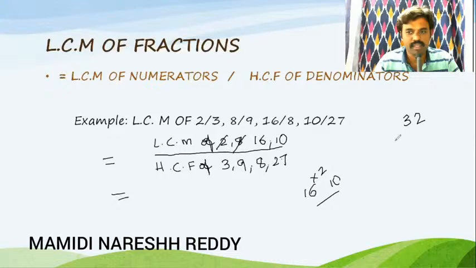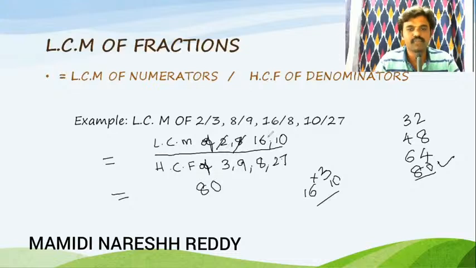Let us take 3: 16 threes are 48. 48 is not a multiple of 10. And 16 fours are 64. It is also not a multiple of 10. Now 16 fives are 80. Now 80 is a multiple of 10. So it is the least common multiple of 16 and 10. That is the answer for the LCM of all the numerators.